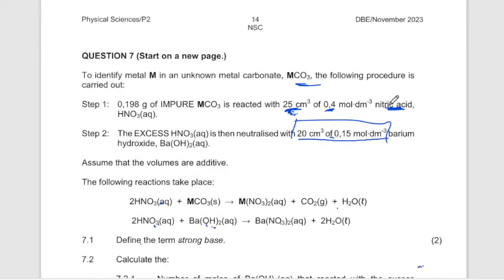How much we started with, we can calculate. How much we used, we calculated already. After that, we can subtract, and when we subtract, then we can know how much was used. And then we can use that to compare, find the number of moles, and after that find the molar mass.